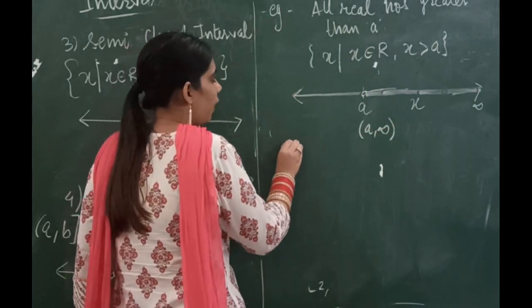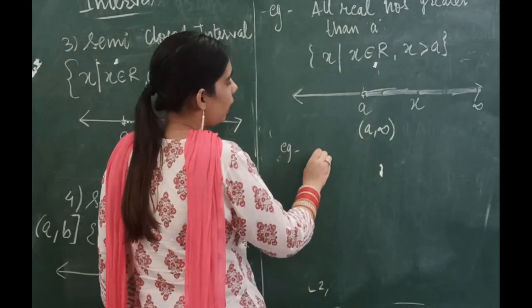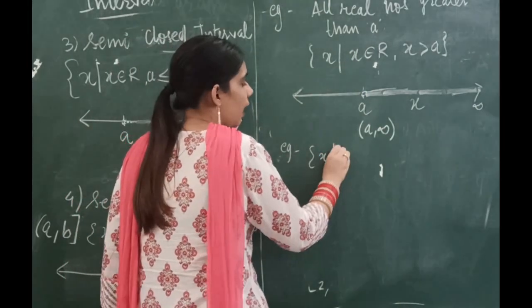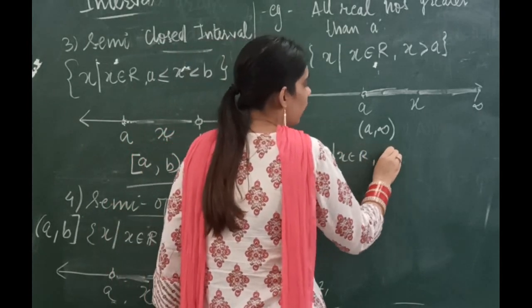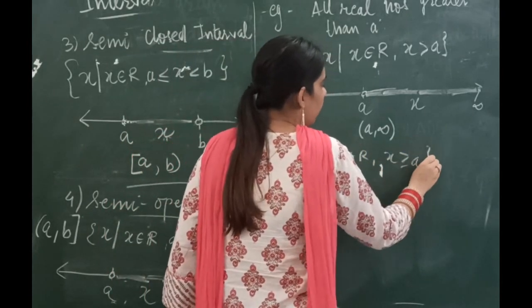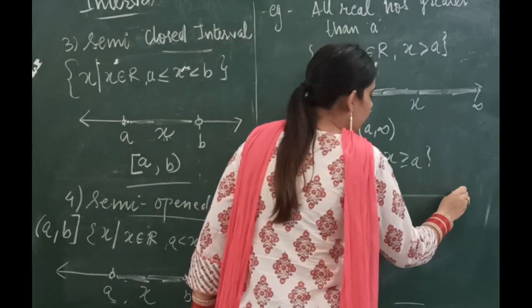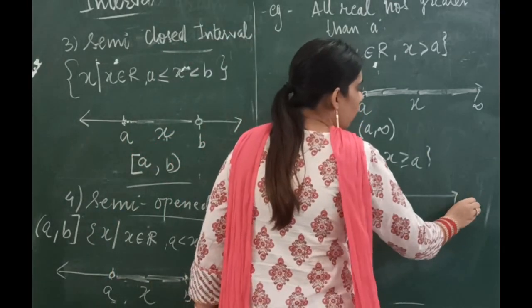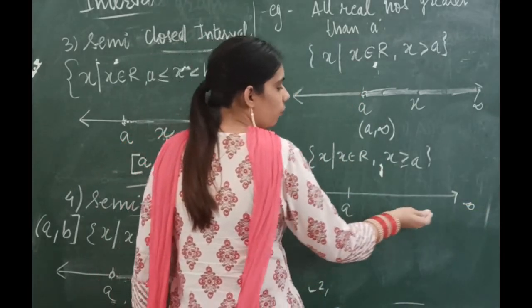So similarly, if I say all real numbers greater than or equal to A, I will write X belongs to real such that X is greater than or equal to A. How will I represent it? It's very simple. If there exists A, and obviously I am saying greater than, it will move up to infinity.